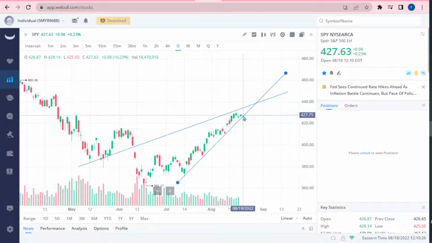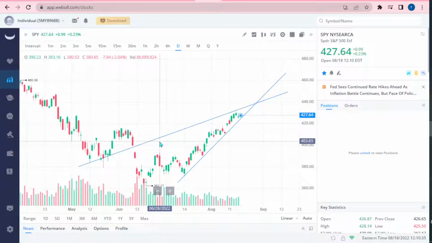So what that means is that rejection is going to come much closer. So, what I like to do is I like to just draw every single one of those projections on my charts to see which one is actually the one that is most accurate, or which one that market price action is actually reacting to.